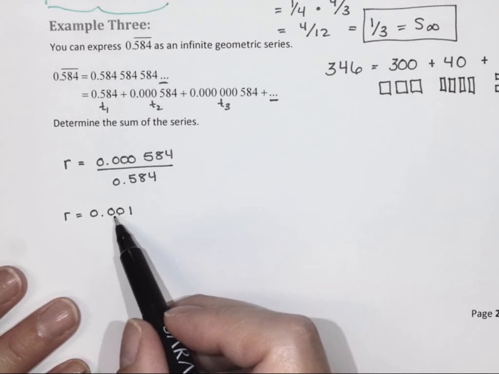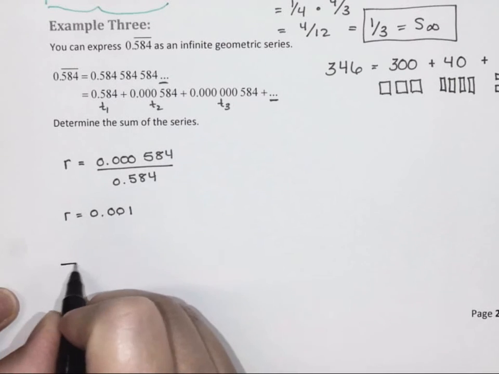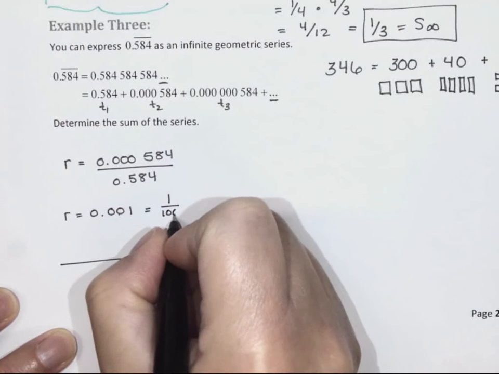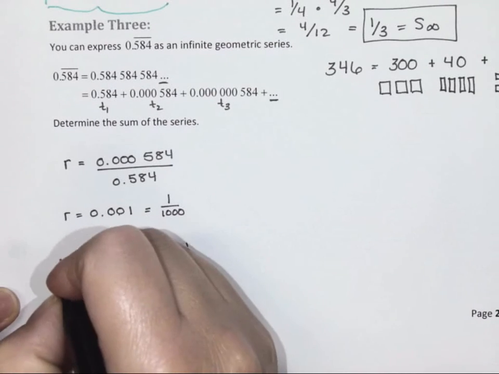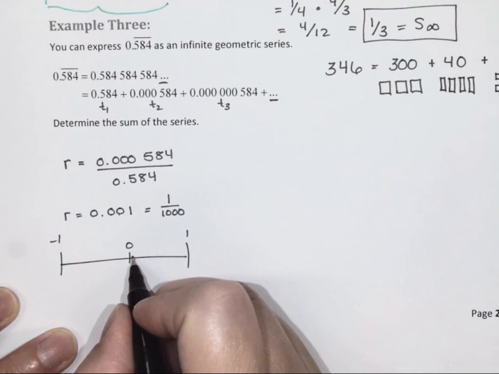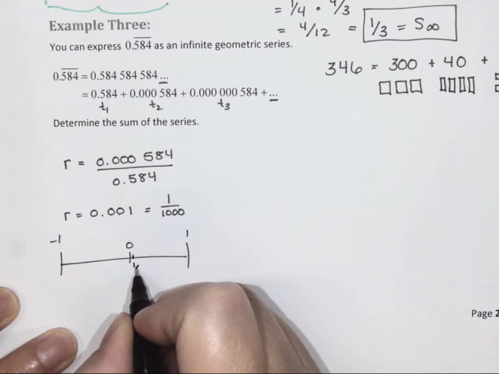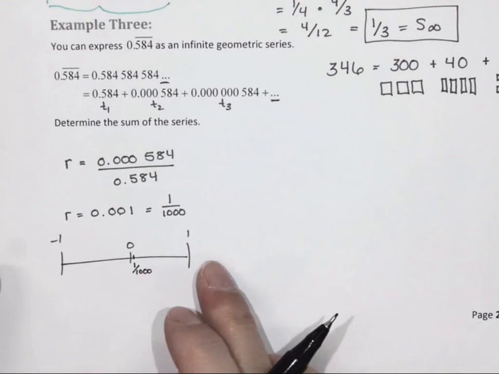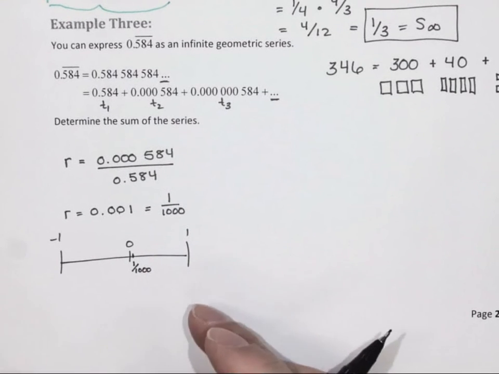If I were to put that into a fraction, that'd be 1 over 1,000. And that's between our -1 and +1, really, really close to 0. So that would be our 1/1000th, so it's still within that convergent restriction, okay?